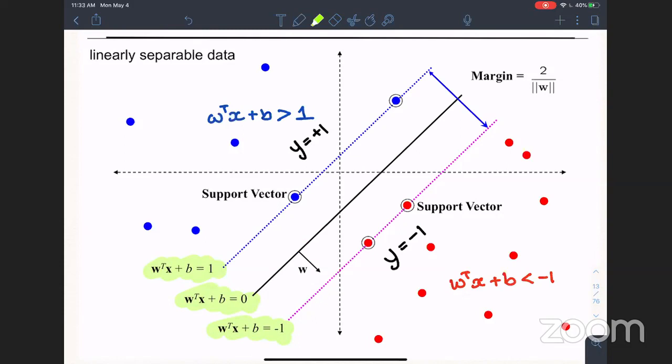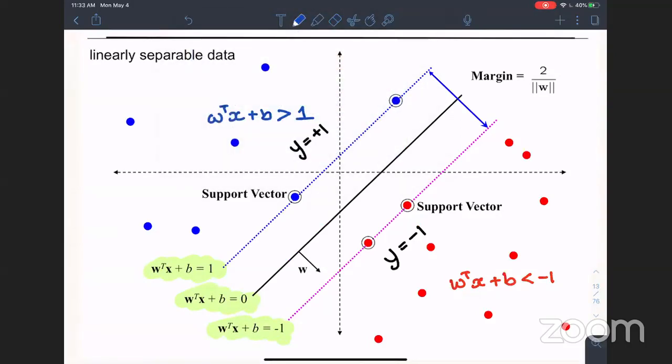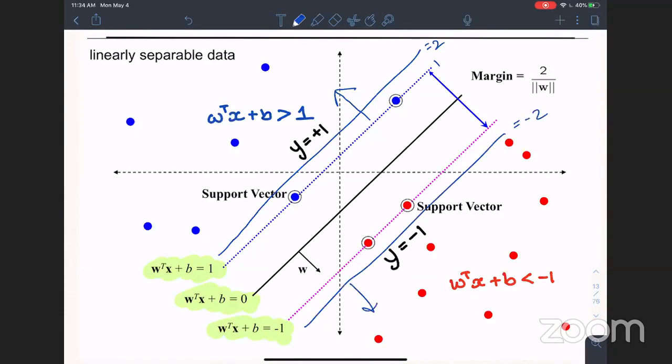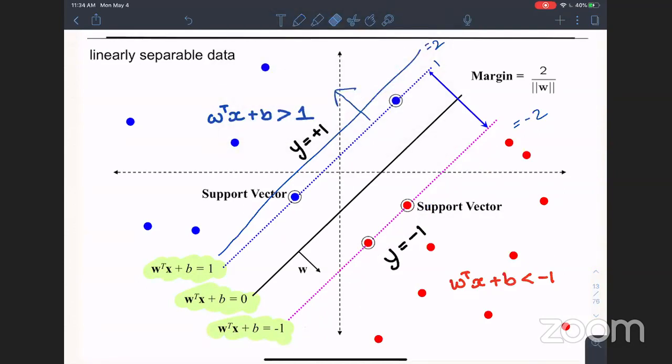On the red point line, we have equal to -1. As I go beyond this, the value after the equal sign is going to increase. There can be another line whose equation is equal to 2, and another line whose equation is equal to -2, and so on.